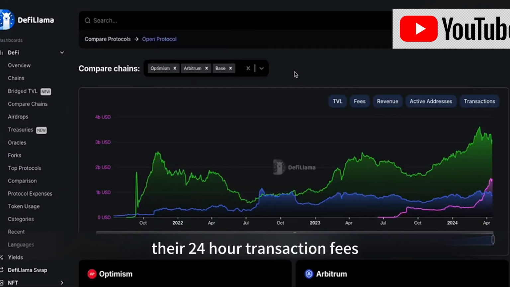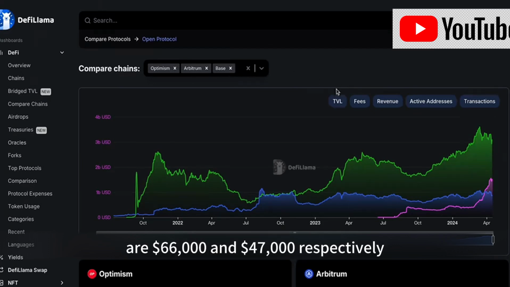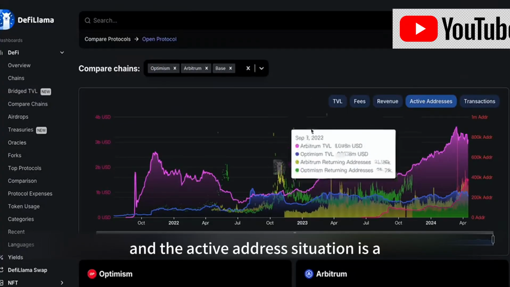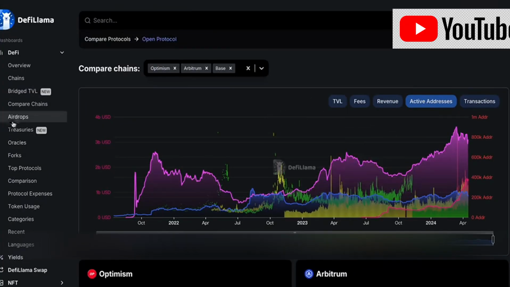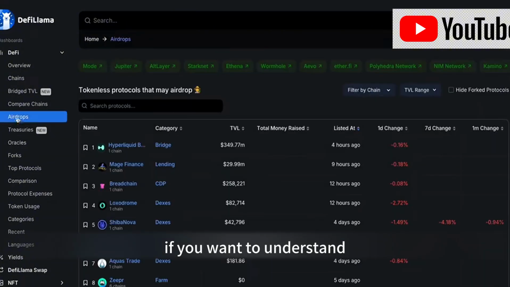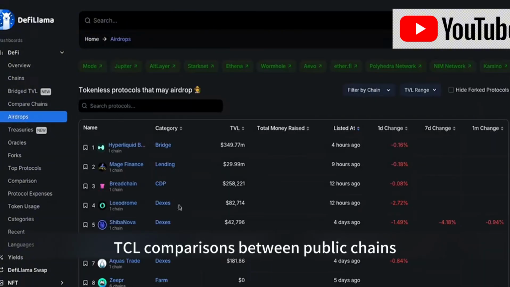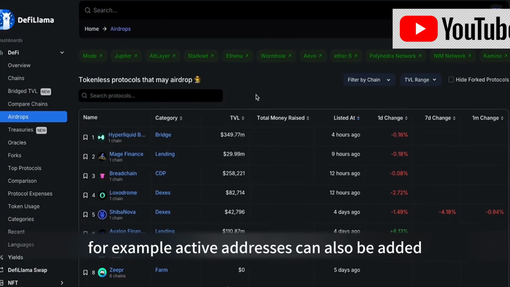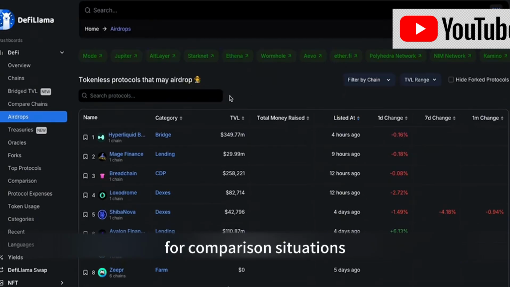Their 24-hour transaction fees are $66,000 and $47,000 respectively. And the active address situation is a comparison between the two. In the future, if you want to understand TVL comparisons between public chains, you can also select them yourself. For example, active addresses can also be added. For comparison situations, all can be displayed intuitively.